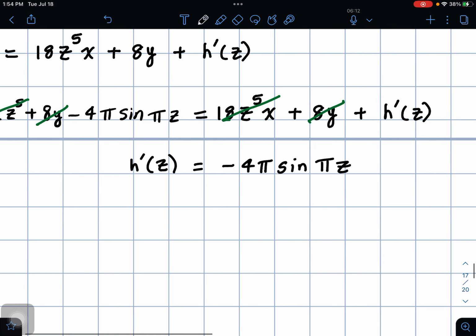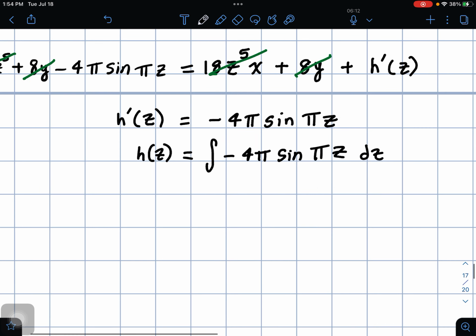Whew. Okay, now what we have to do is integrate with respect to z, right? So what is this?